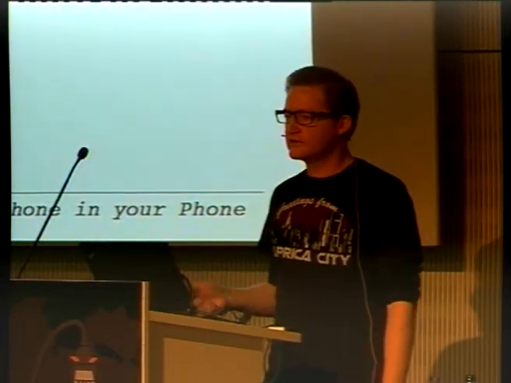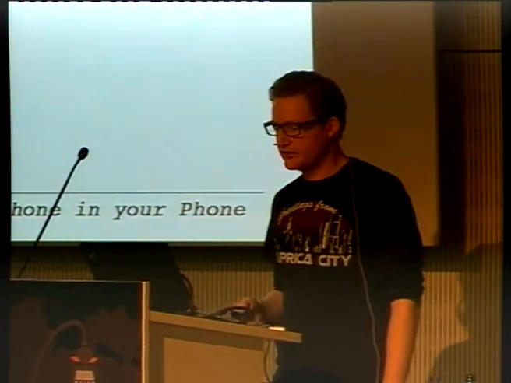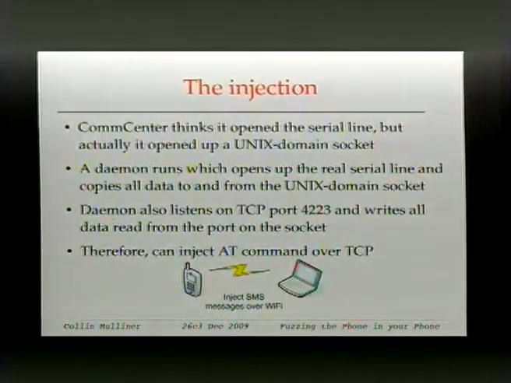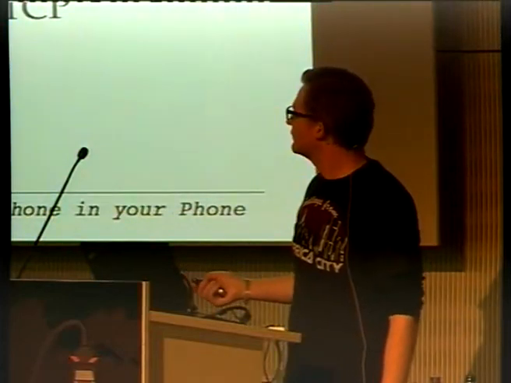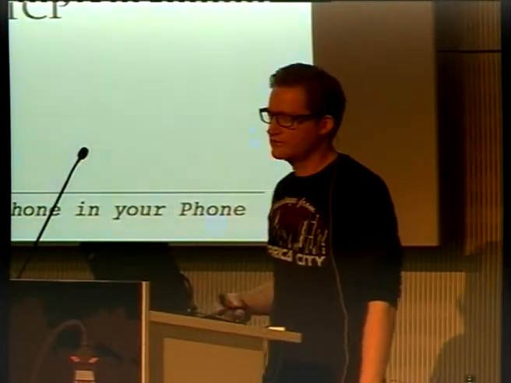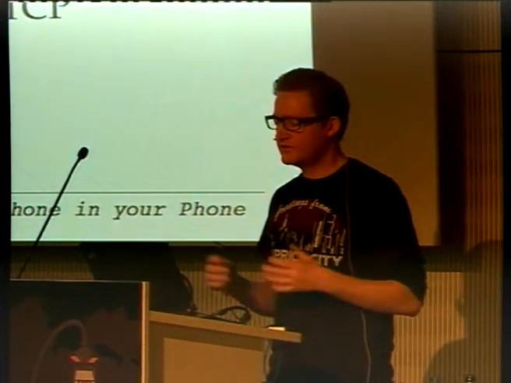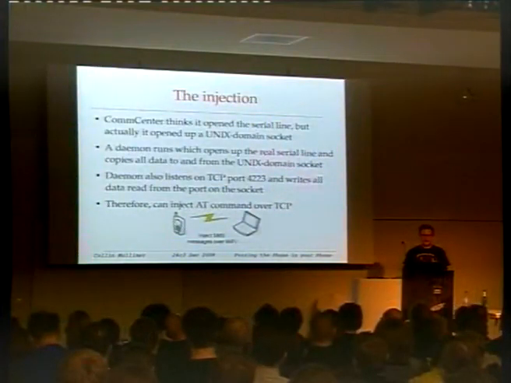Then we just redirect it to a Unix domain socket, which actually is our injector, and runs on the phone and listens on the TCP port, where you can just send those plus CMT commands, which are then injected into this process. The injector listens on Wi-Fi, so we can just sit there on the laptop and develop all our testing tools on our laptop and just send them over Wi-Fi to the phone.